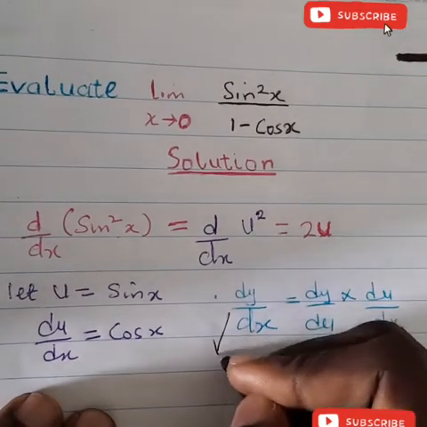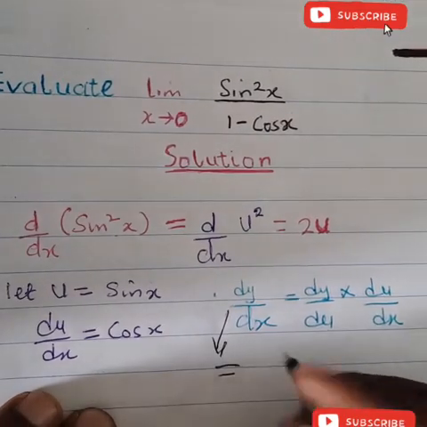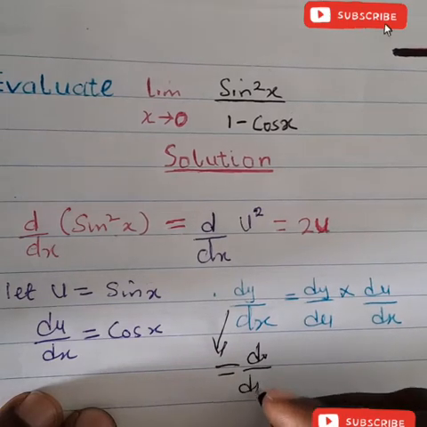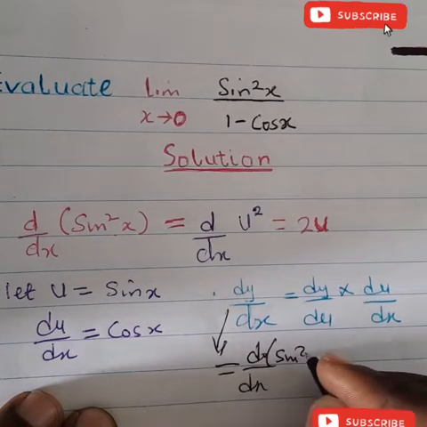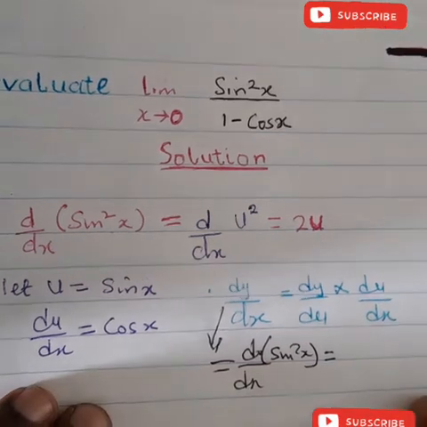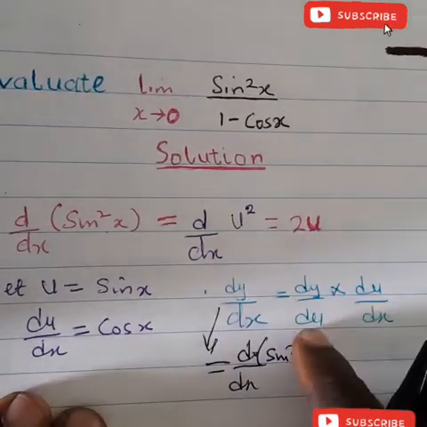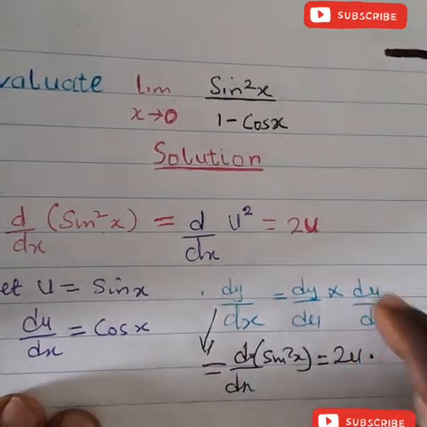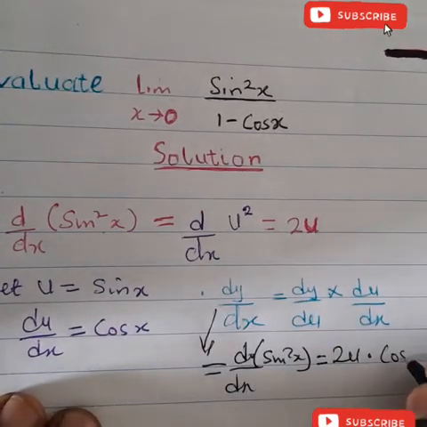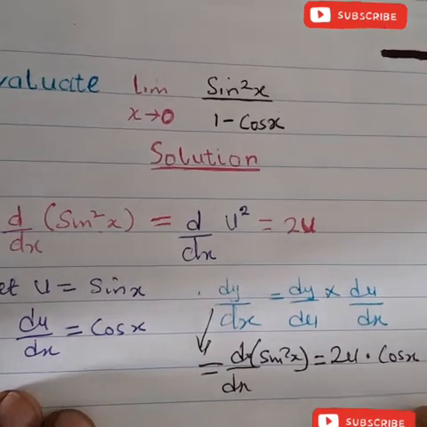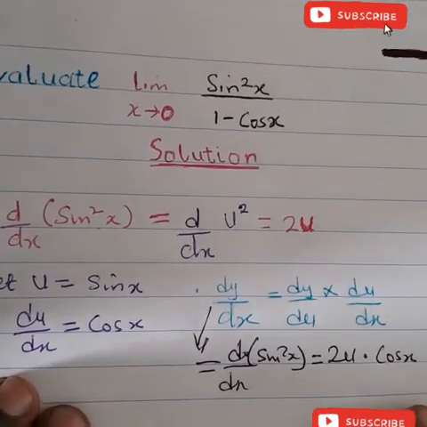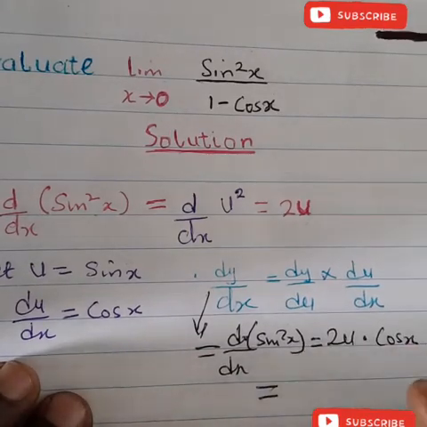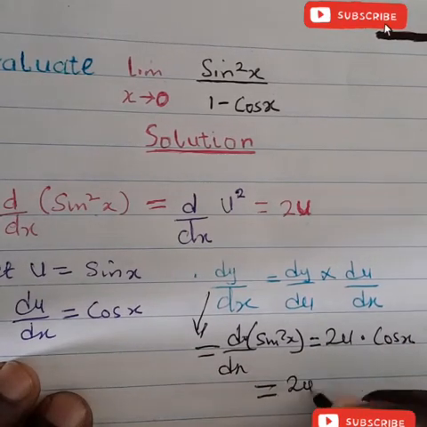So d/dx of sin squared x is going to be equal to d/du of u squared, that's 2u, times du/dx, that's cos x. When I multiply this together, this is going to be equal to 2u.